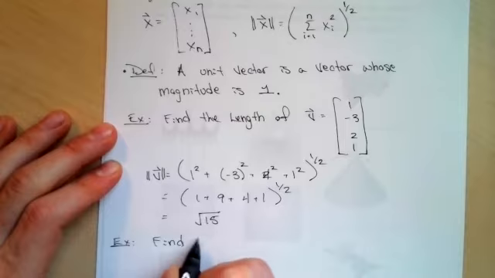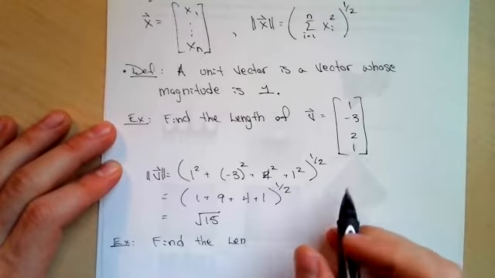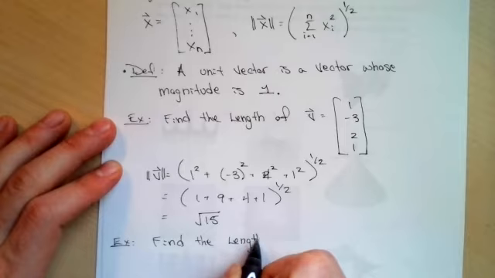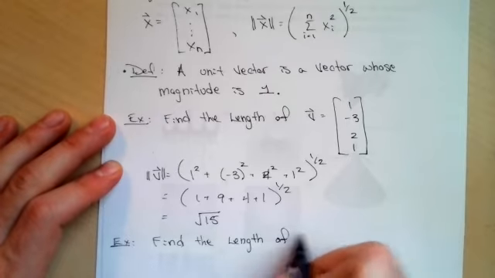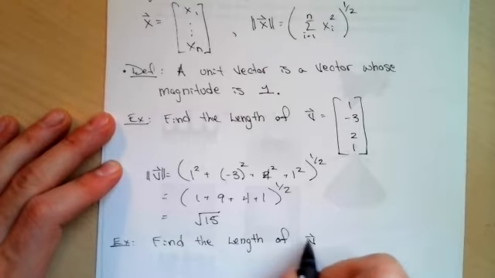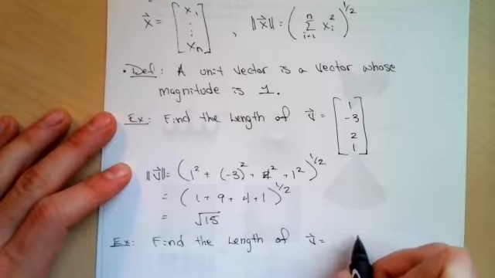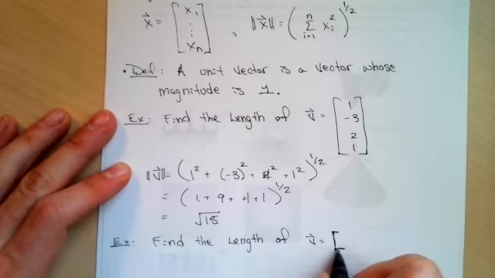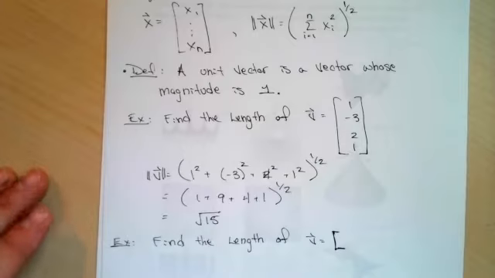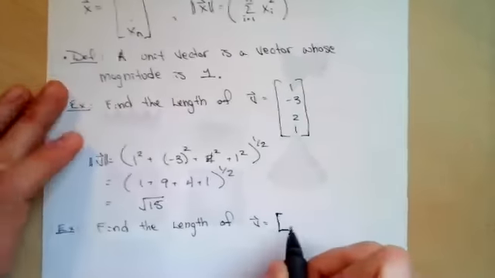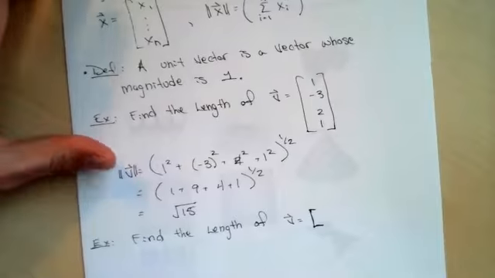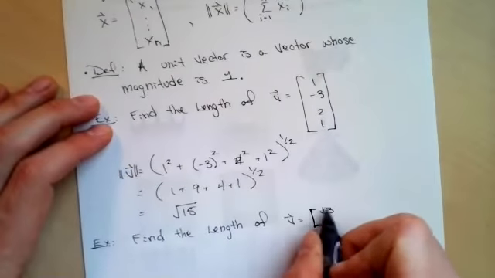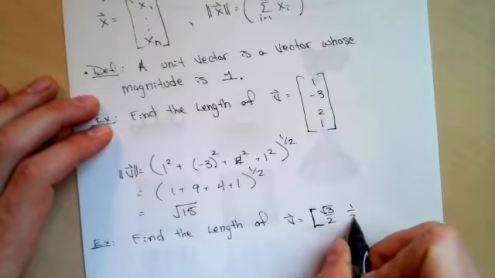Likewise, find the length of, let's say v is equal to, sometimes the book writes vectors as row vectors transpose. So we could write it as something like square root of 3 over 2 and 1/2.